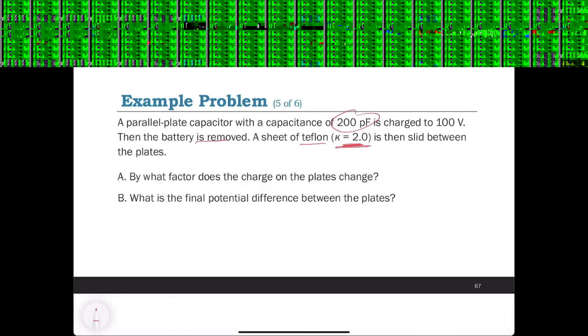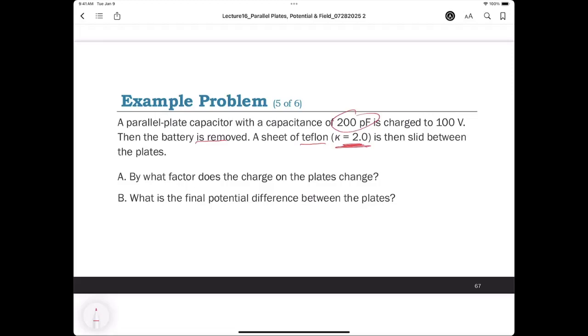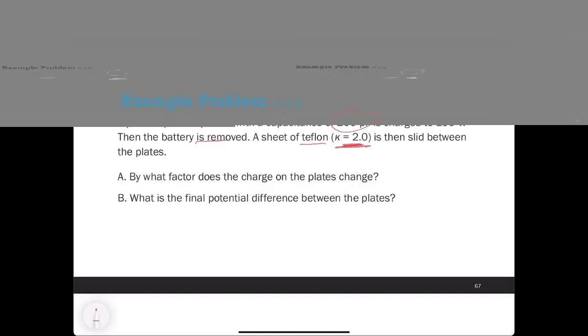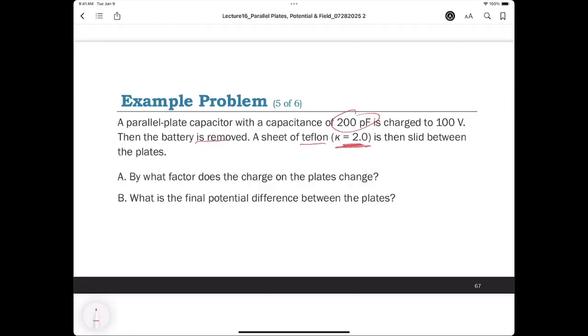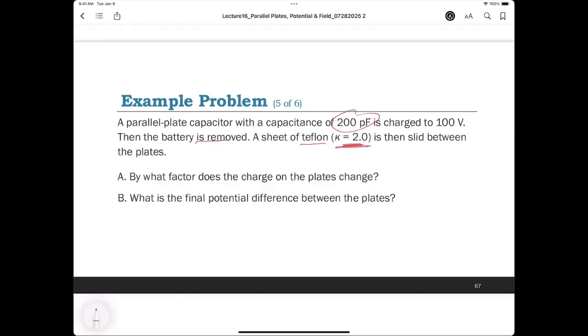We know once the battery is removed from the capacitor, the charge on each plate is fixed. So inserting the Teflon changes the capacitance, but there is no source of additional charge, so the charge on the plate remains unchanged. That makes sense to you.